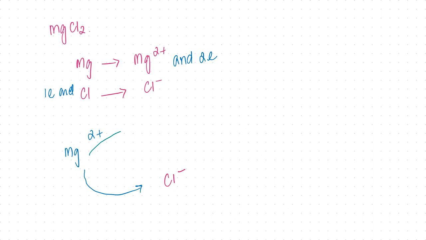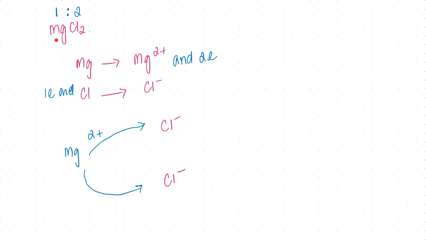The second electron goes to another chlorine, and they form an ionic compound that way. And that makes sense because the charges are balanced out, and that way the ratios are balanced out. What does MgCl2 mean? MgCl2 means for every 1 magnesium there are 2 chlorines present, and that makes sense.